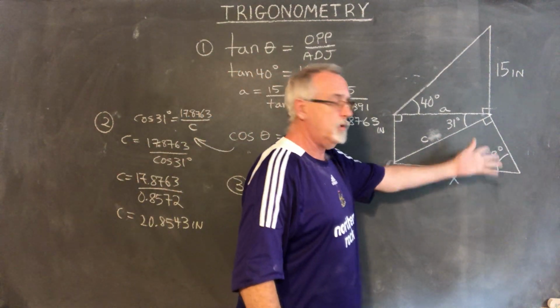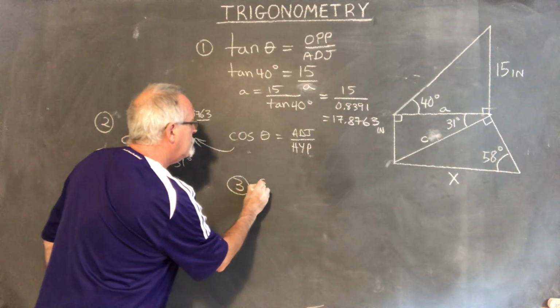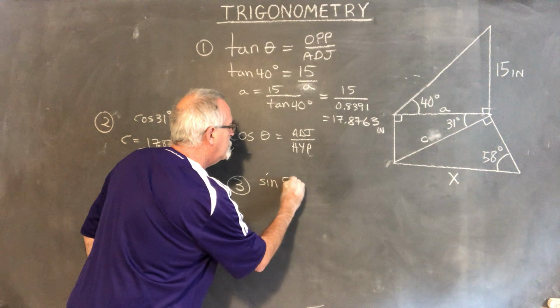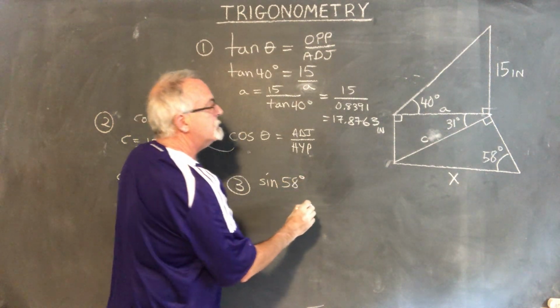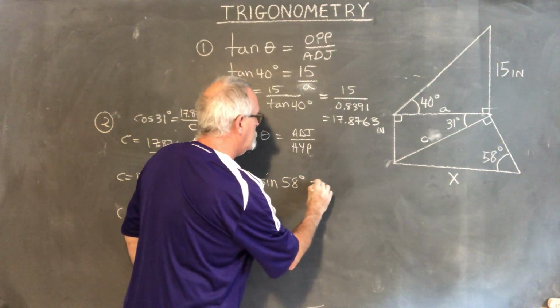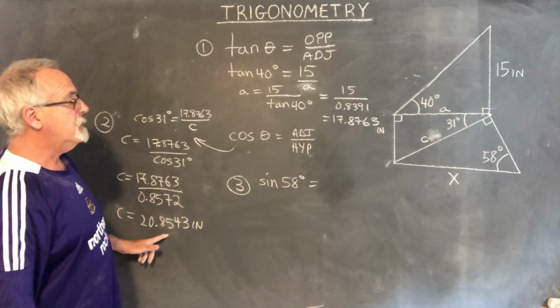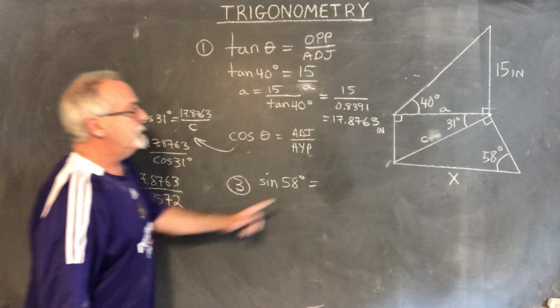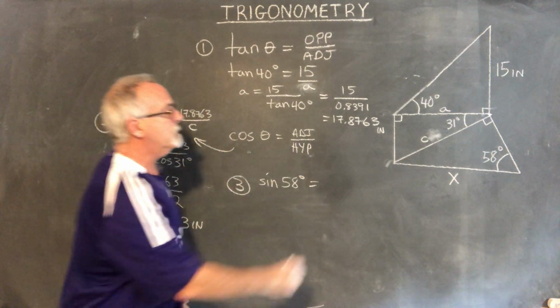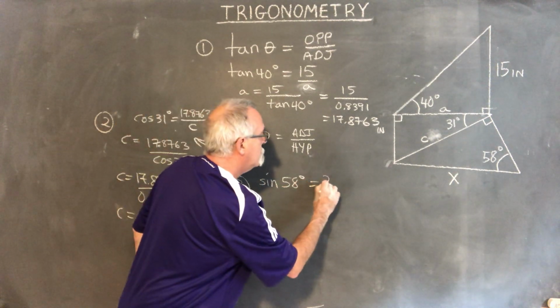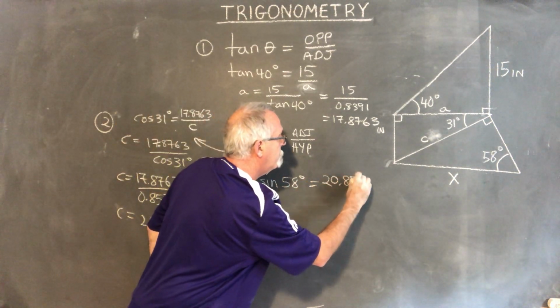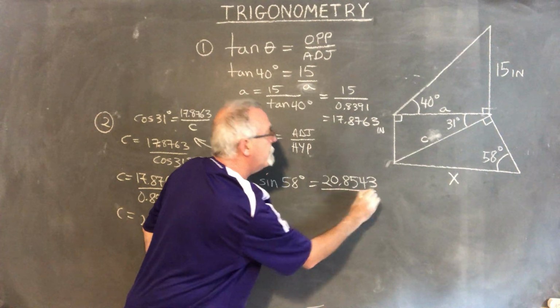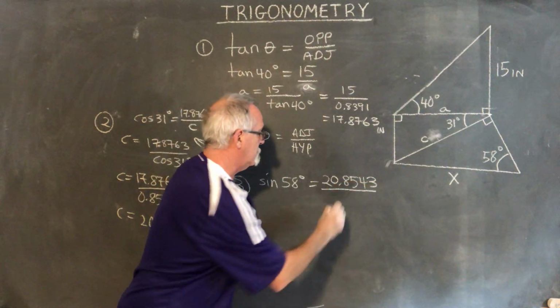I'm using it because I need to in this situation. Sine of 58 degrees is equal to the opposite, which is that 20.8543. That thing that we called C before, that's opposite the 58 degrees. 20.8543 over the hypotenuse, which is the x that I was always looking for.